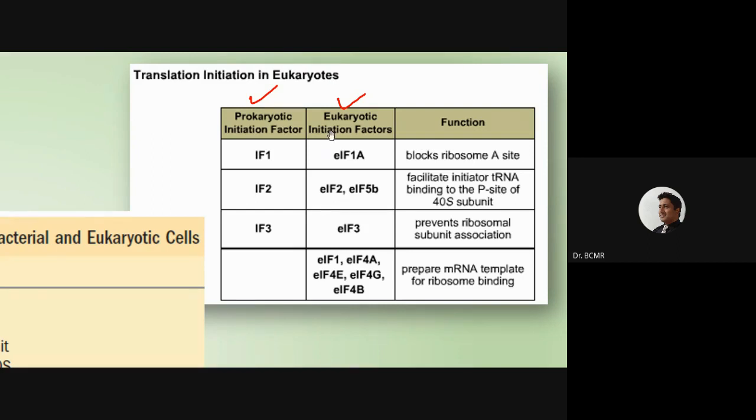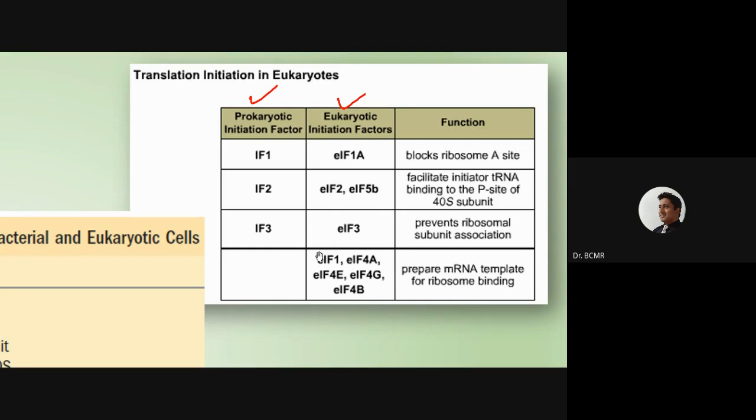And in eukaryotes, you call it EIF2. And there is another factor which also plays a role in doing the same, EIF5B. And IF3 is preventing ribosomal subunit association, the formation of a complete ribosome. The same function is done by EIF3 in eukaryotes.